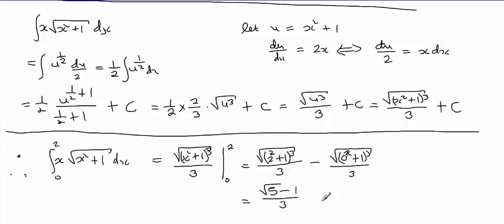Okay, so now let's look at the last example in this presentation, which is going to be as follows. In this case, we're integrating the function ln x, over x, and this is a definite integral between 1 and e, dx.